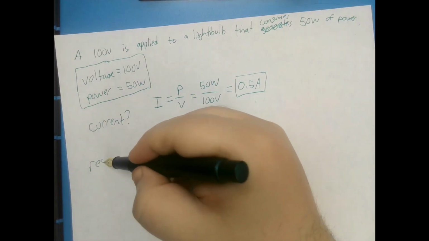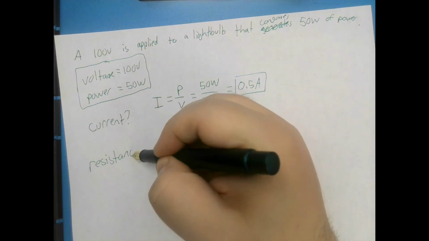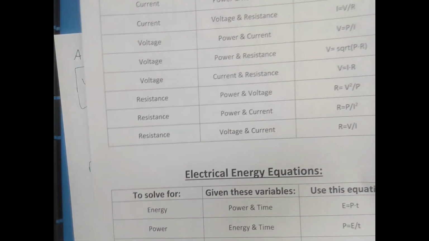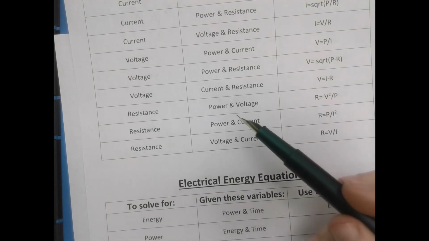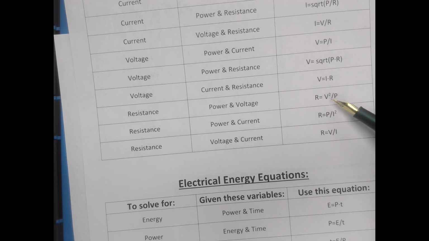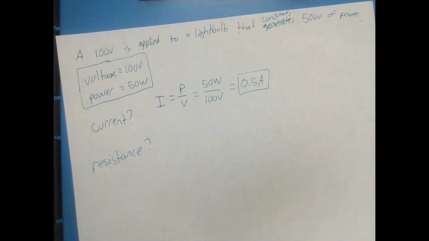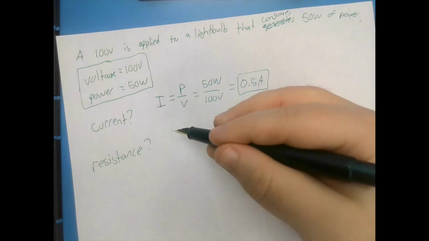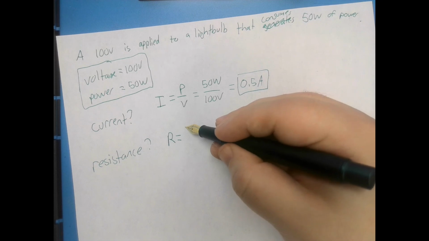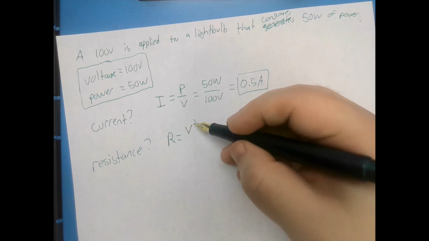What about resistance? So resistance given power and voltage is equal to voltage squared over power. And yes, there are other ways of doing this.